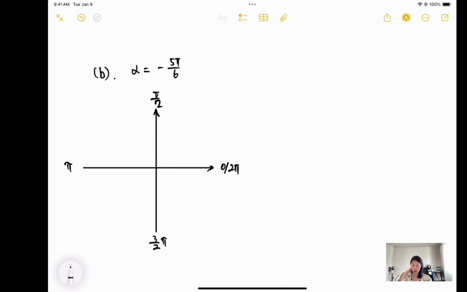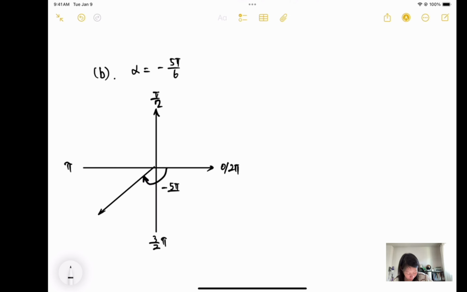Okay, so where is -5 pi over 6? Negative means we should go counterclockwise. No, clockwise, sorry. Clockwise from this direction, and the -5 pi over 6 should be in here. This is our alpha.